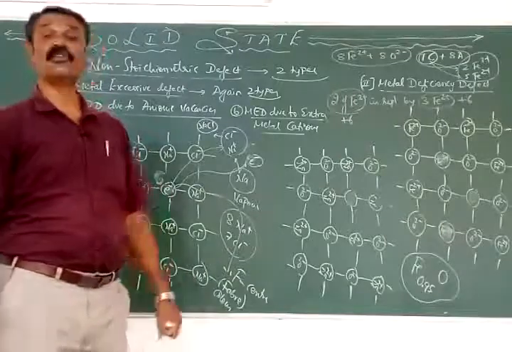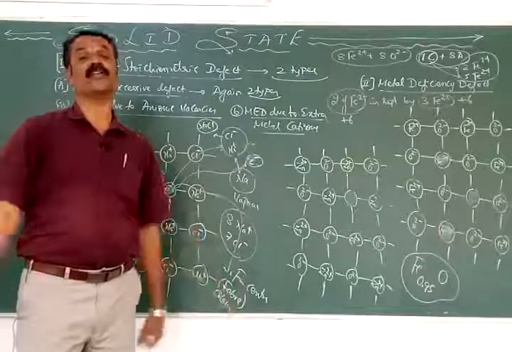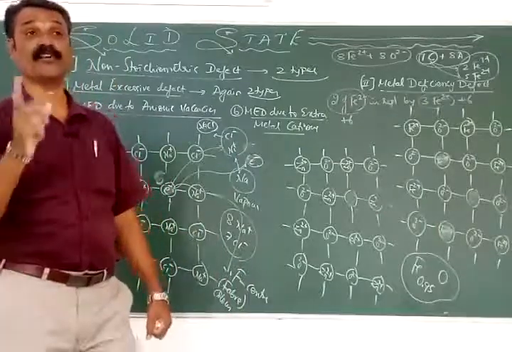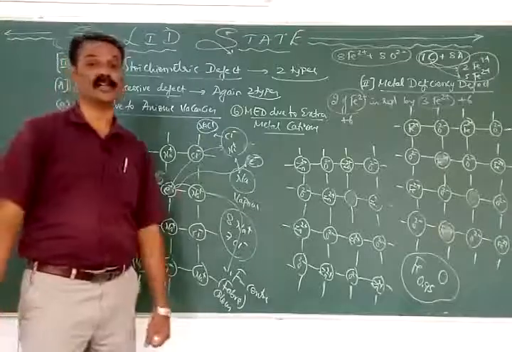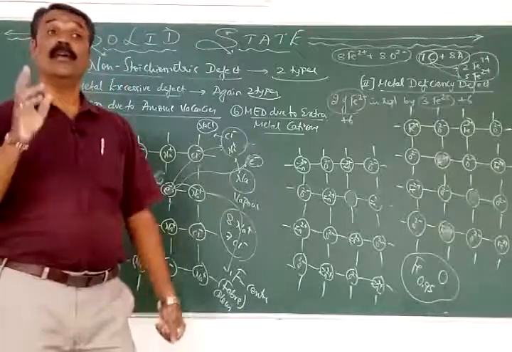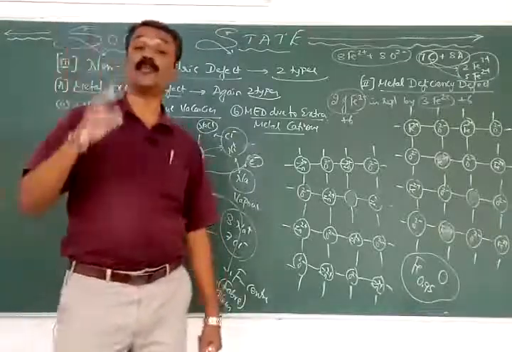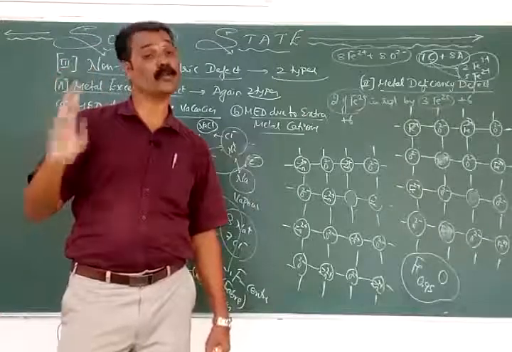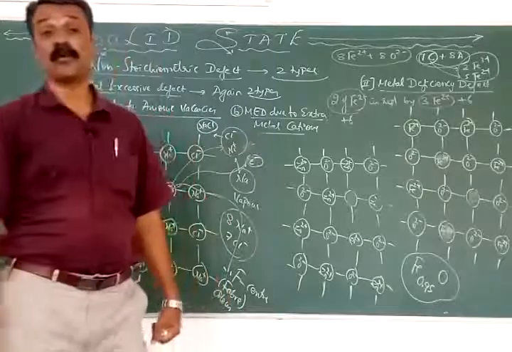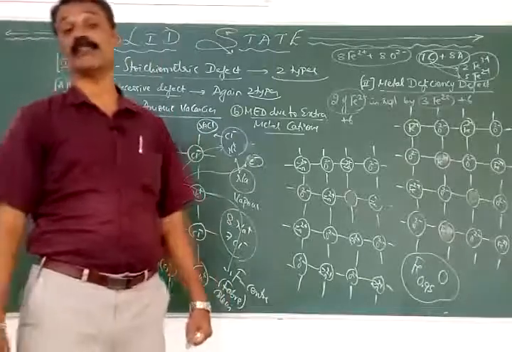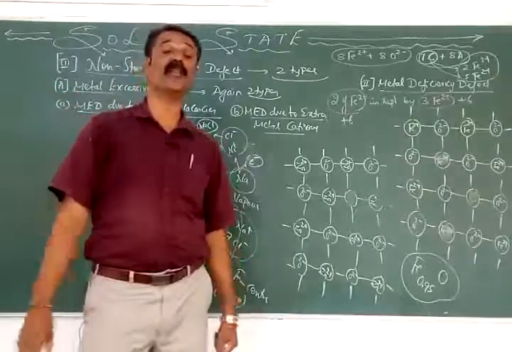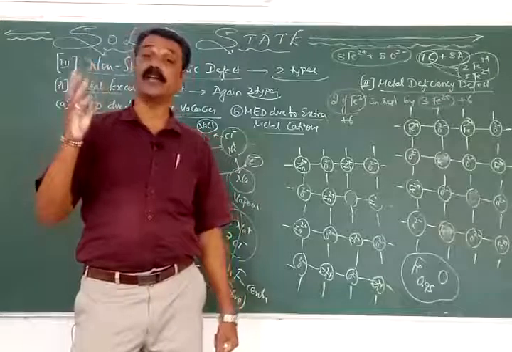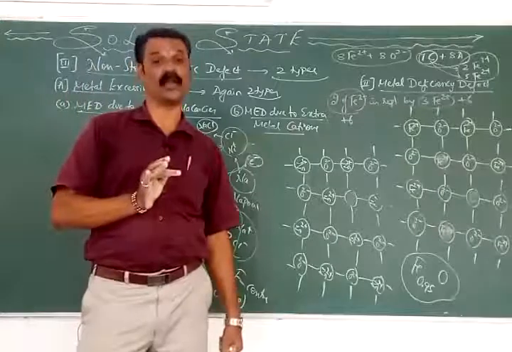Okay. So this is about the total imperfections, or it is also called deficiencies or defects in the solids. Now we are left with another 2 properties. One is the electrical property in solids and then the magnetic property in case of solids. In electrical property we are having the band theory of solids, and that band theory decides the solids can be of 3 types called conductor, insulator and semiconductor.